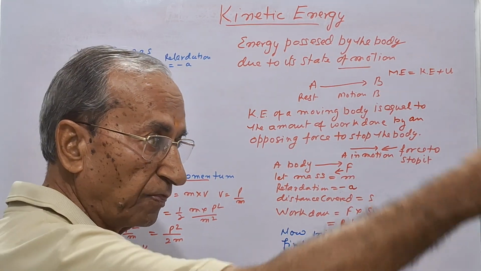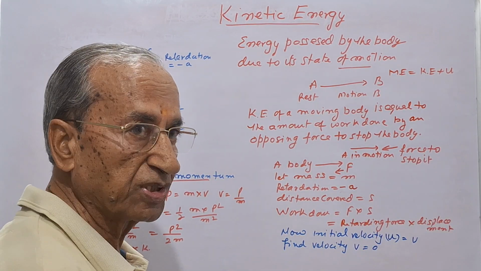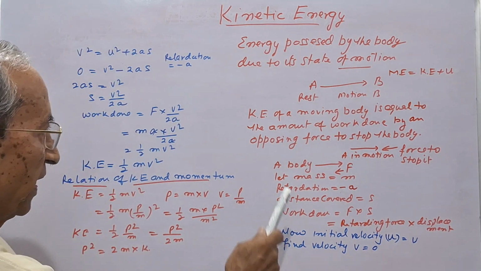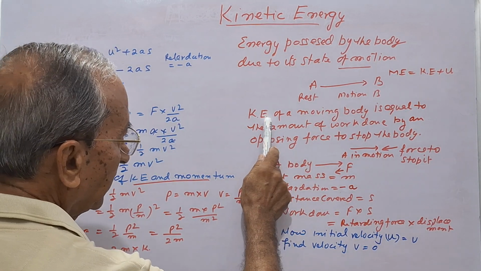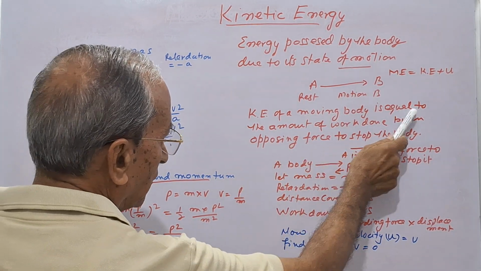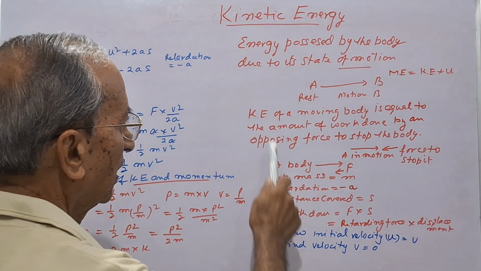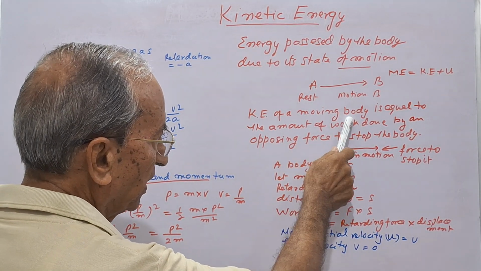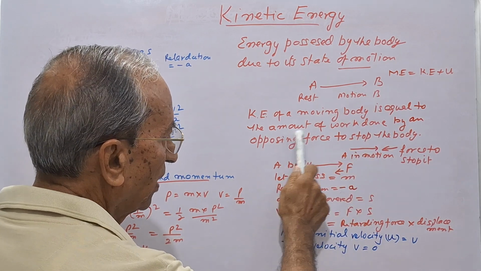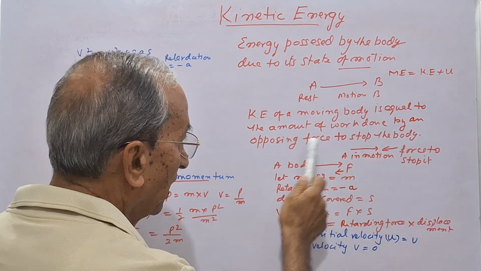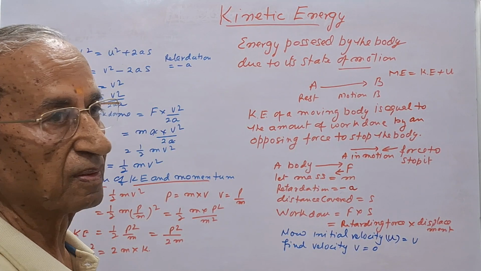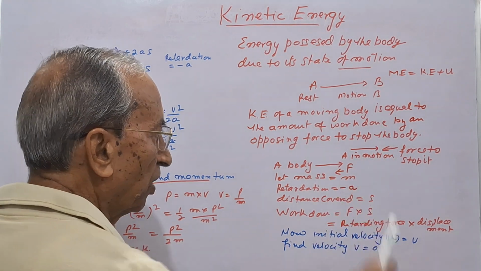Then we say the kinetic energy of a moving body is equal to the amount of work done by an opposing force to stop the body.